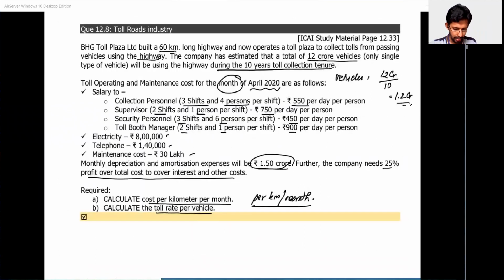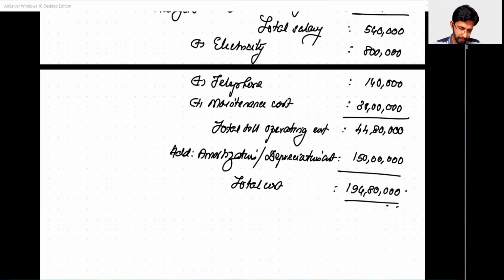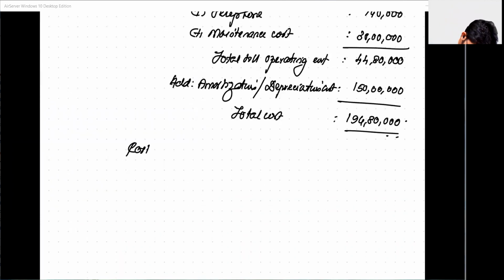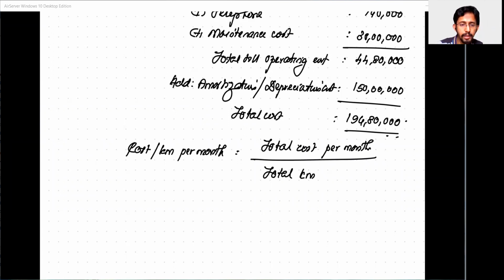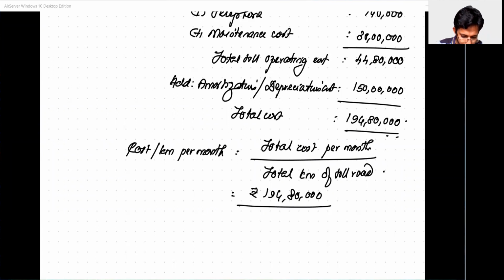Now coming to the next, calculate cost per kilometer per month. Cost per kilometer per month is equal to total cost per month divided by total kilometer of toll road, that is equal to rupees 194,80,000 divided by 60 kilometer, right?